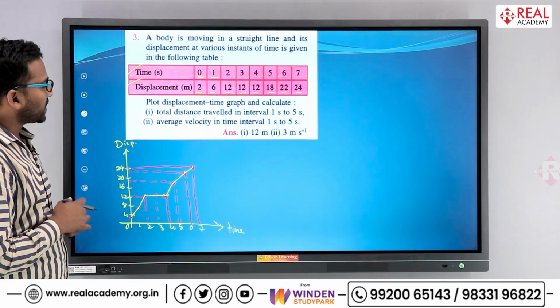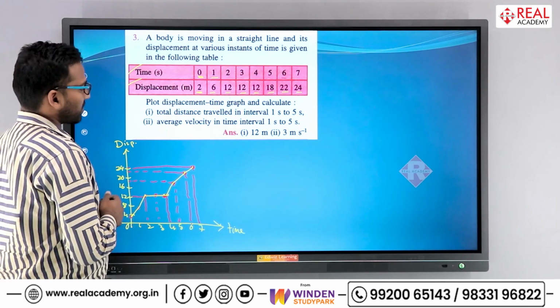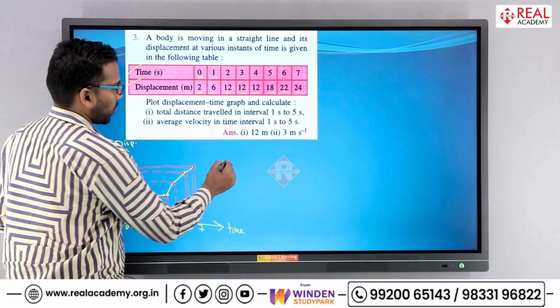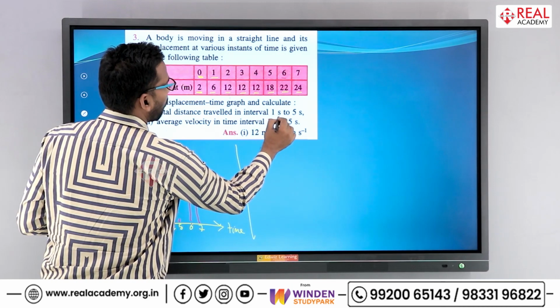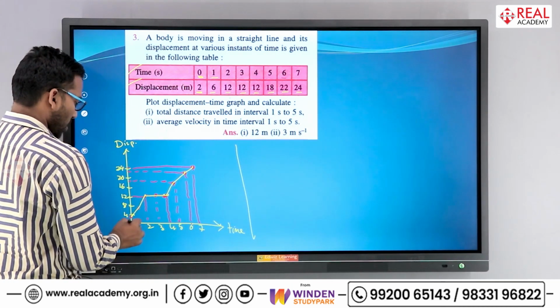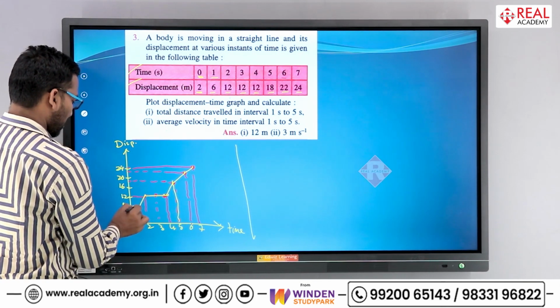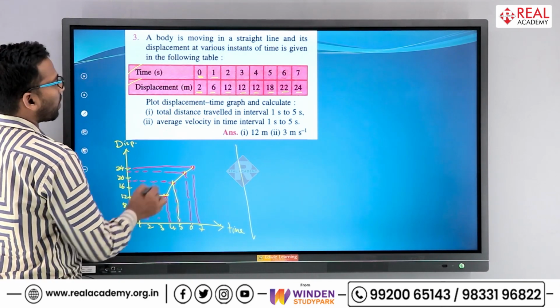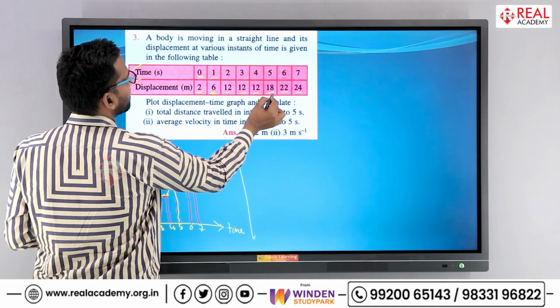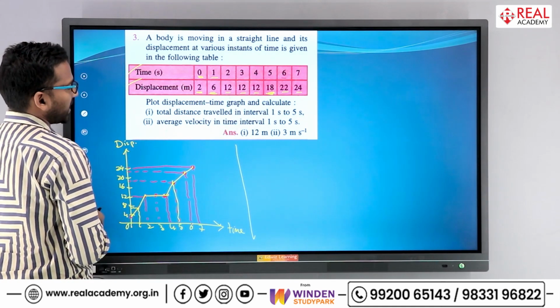Now what they are asking us, total distance traveled from 1 second to 5 second. From 1 second it is 6 meter, and at 5 seconds it is 18 meter.